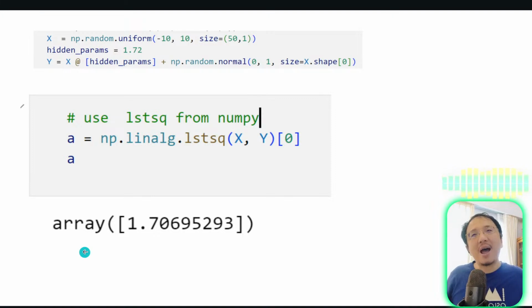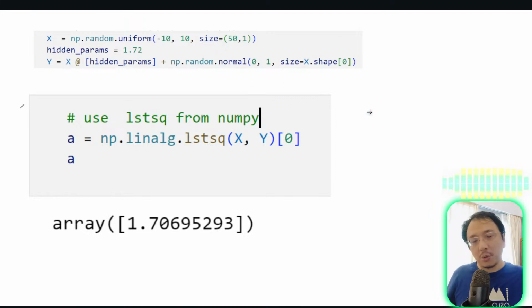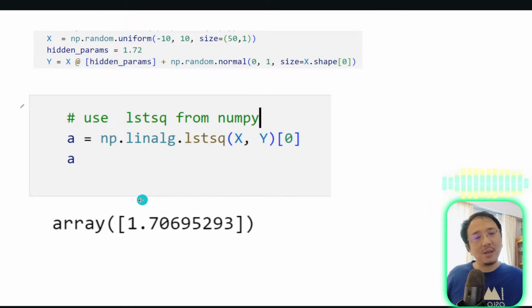This is something you are going to expect if you have this kind of noise level. You cannot get 1.719999, this kind of thing. You do not expect the result to get that close because you only have 50 samples and this level of noise. That's the best you can expect.